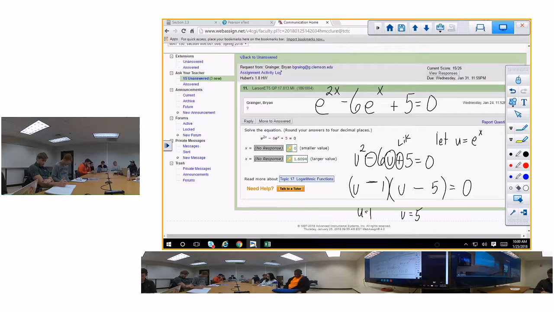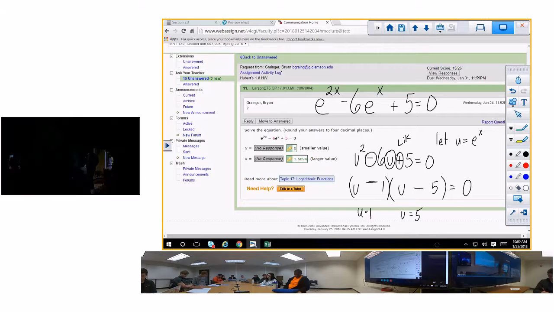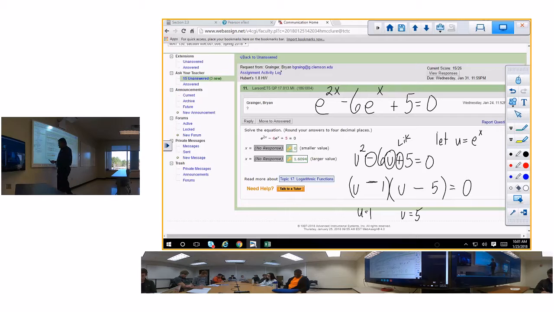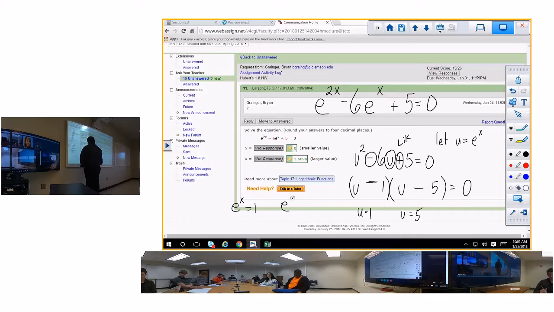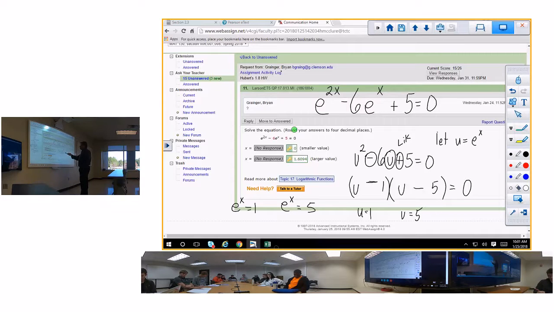When you say e to the x is equal to 1, and e to the x is equal to 5, we haven't done this too much, but we'll see.